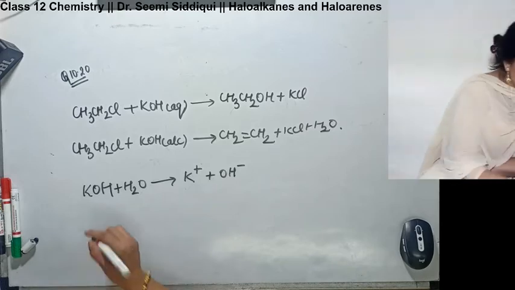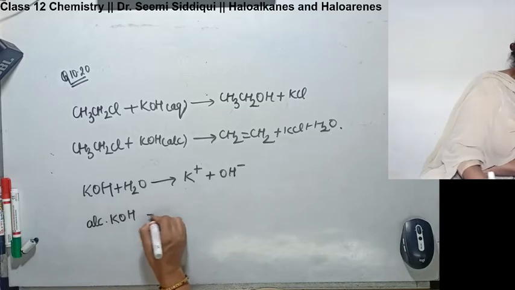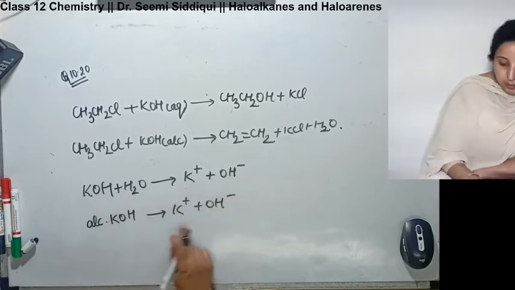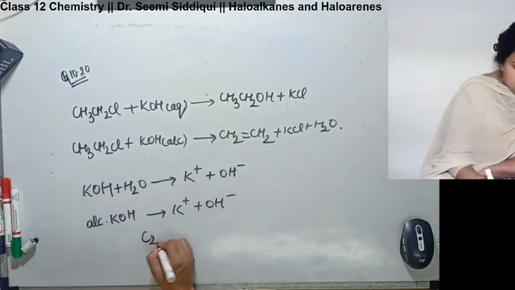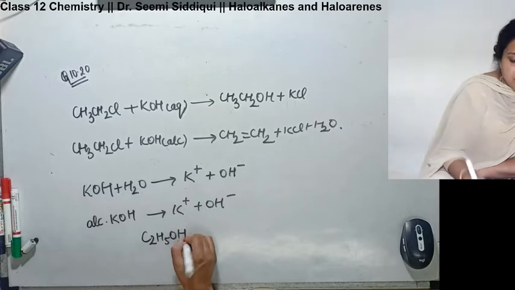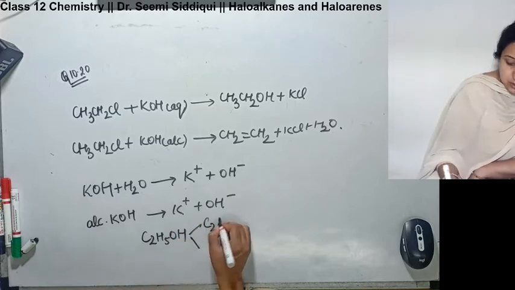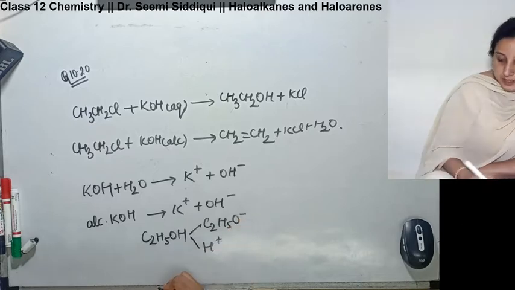And when you take alcoholic KOH, it also dissociates into K plus and OH minus. But in this case, since it is alcoholic, there is also the presence of C2H5OH, which also gets dissociated into C2H5O negative and H plus.